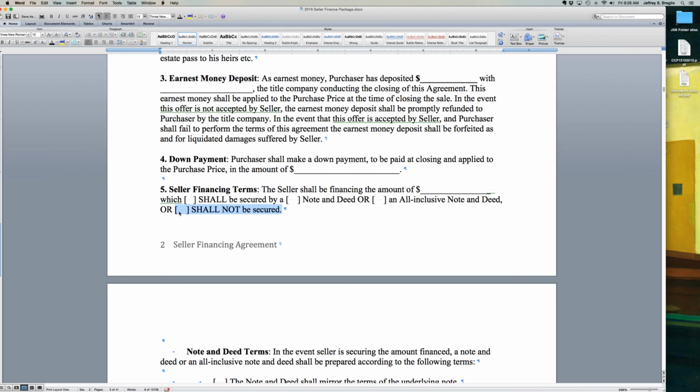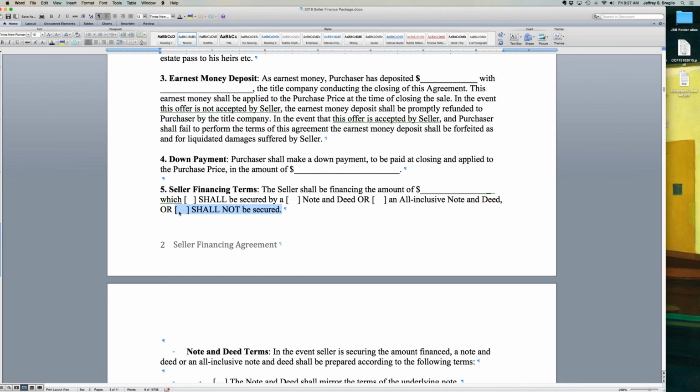Now, with a true subject to, very often sellers will want a little more security. This is part of the negotiation with your sellers. Typically, there's no all-inclusive note and deed on a true subject to because the seller isn't owed anything additional, so we don't even bother with it. But if your sellers are a little bit nervous, or they want some extra protection, a little more security, you can do an AITD that mirrors that underlying mortgage, and you can record that so that there is an AITD to the seller that's wrapped around the underlying mortgage.